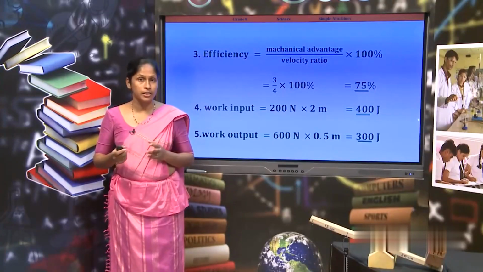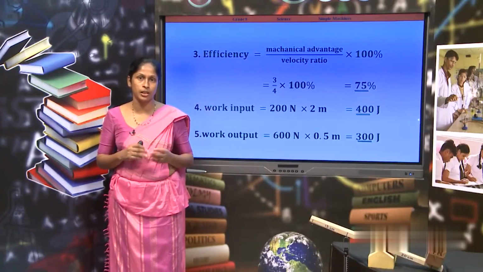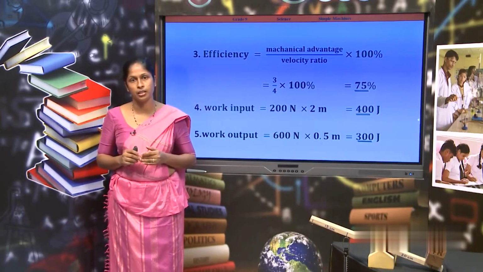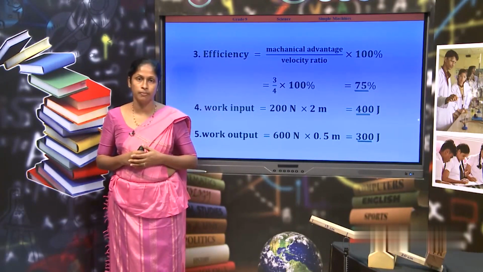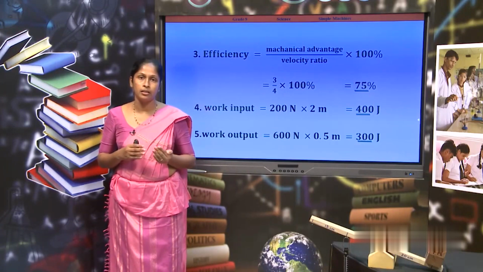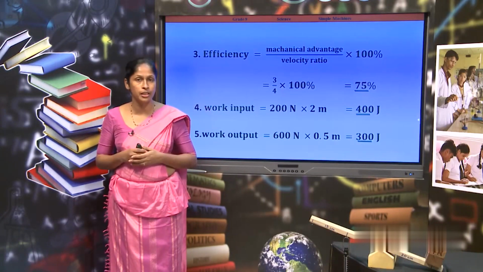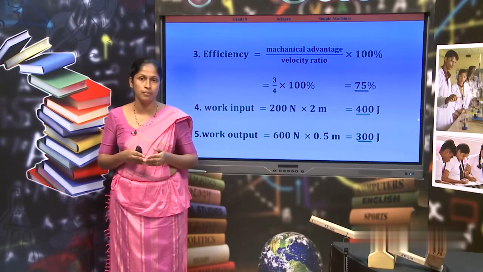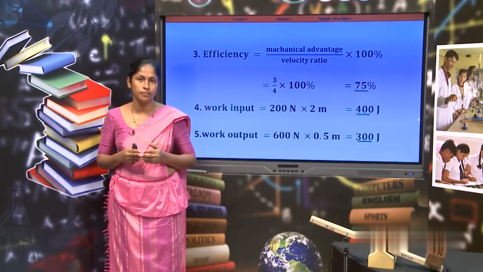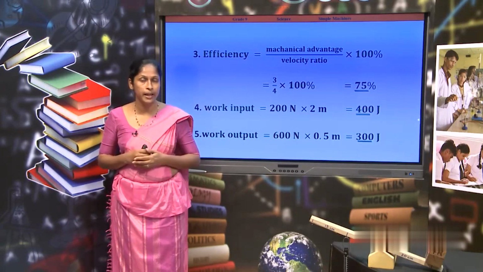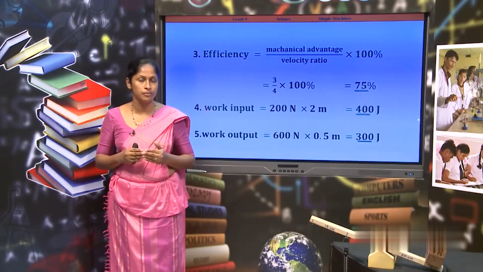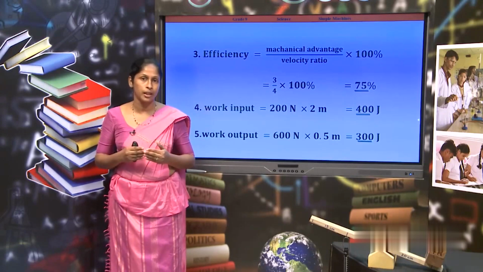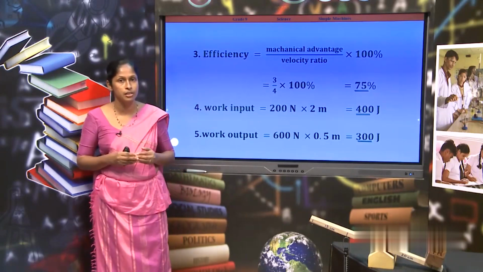Levers. A lever is a rigid rod which can rotate around a fulcrum, and we use levers to push, pull or lift things. And the 2 main parts of the lever are load arm and effort arm. And we did many activities using load arm and effort arm, and then we calculated mechanical advantage.